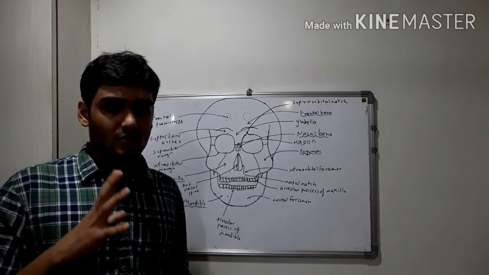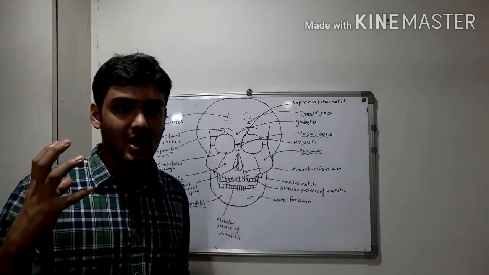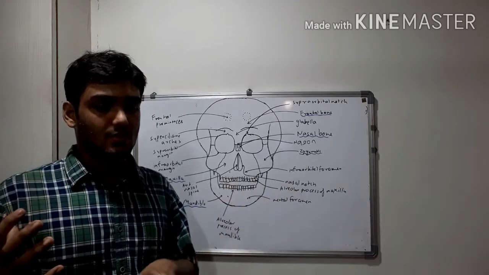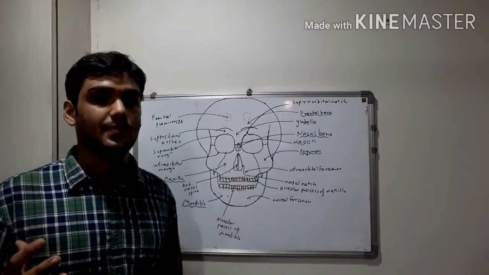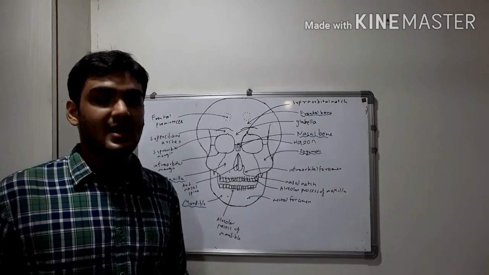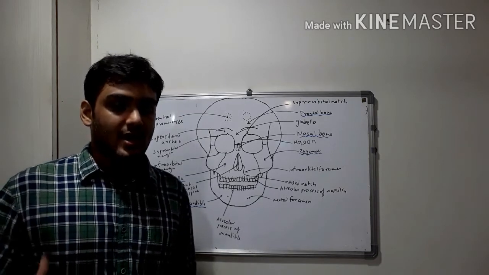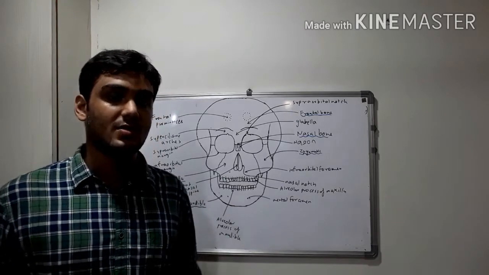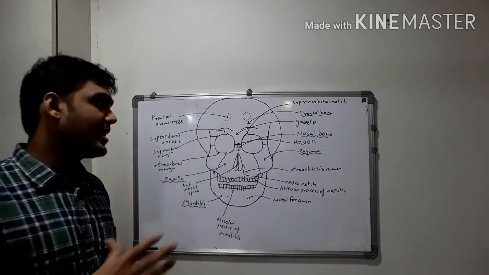But you need to have the actual skull in your hand and study the osteology and then relate the anatomy with the osteology. So that's the work on your part, that you should take the actual skull on your table and study the osteology. But for now I am playing my part by explaining through the diagram.